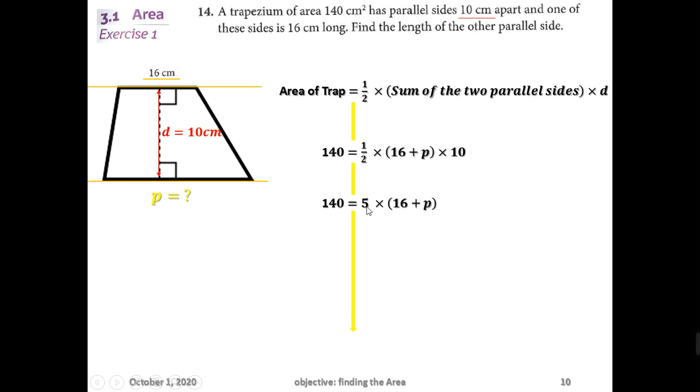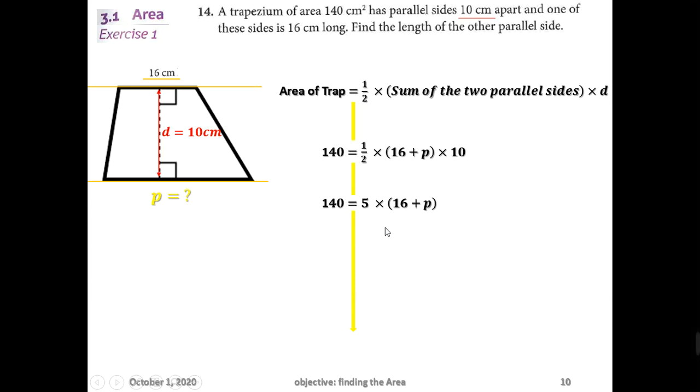So you say to yourself, 5 times 16 is 80, plus 5 times P is 5P. Then you're going to get rid of the 80, so you subtract 80 from both sides of the equation. So 140 minus 80 is going to go down to 60. And then you say 60 is equal to 5P. You divide each side of the equation by 5 and P will come down to 12 centimeters.